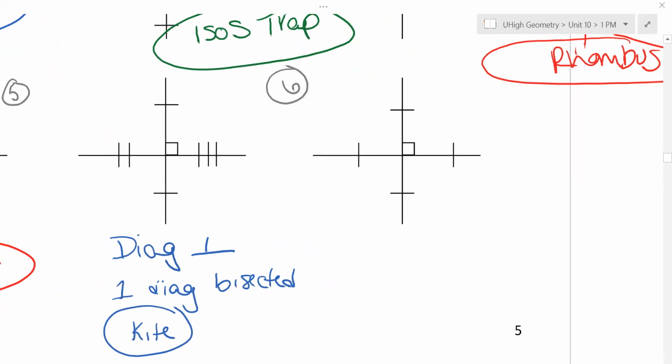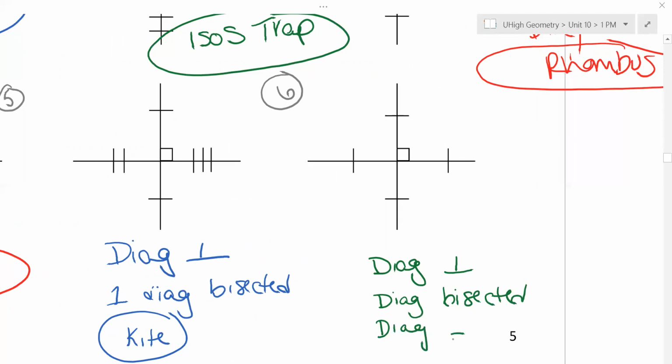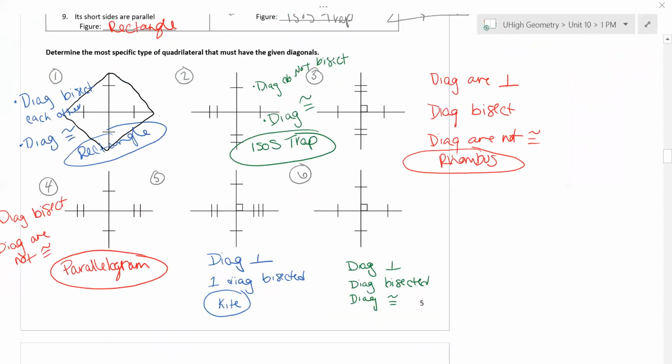All right, number 6, we are going to take a look. And again, we have diagonals that are perpendicular, but this time we have diagonals that are bisected, and our diagonals are congruent. So again, I want to take a look at number 3, number 5, and number 6. Since we have perpendicular diagonals, it could be a kite, a rhombus, or a square.